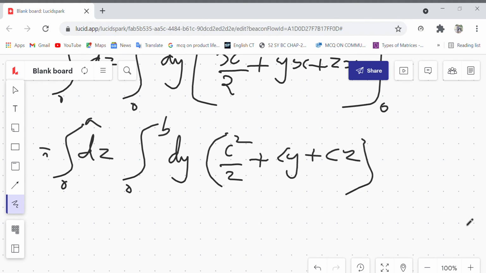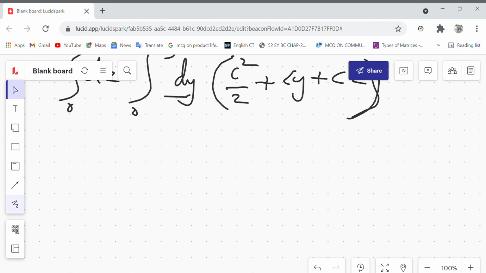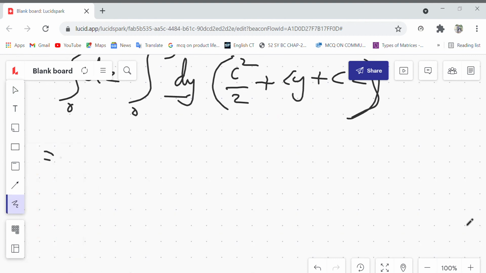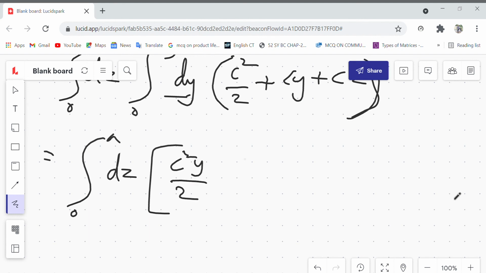So I have to again integrate this with respect to dy. Then this one equals the integration of 0 to a dz. Then what will be there? c square y by 2 plus cy square by 2.